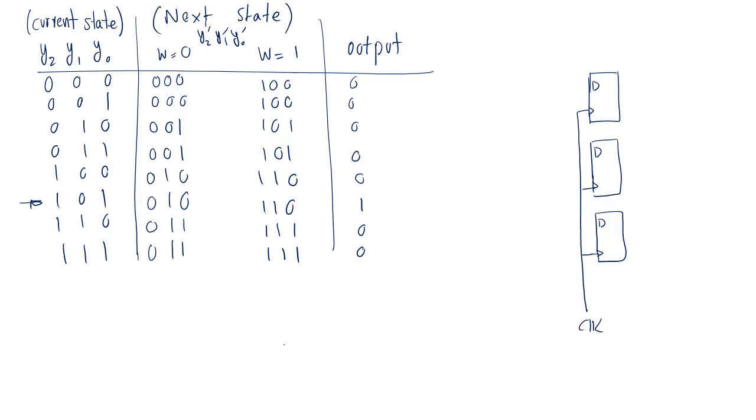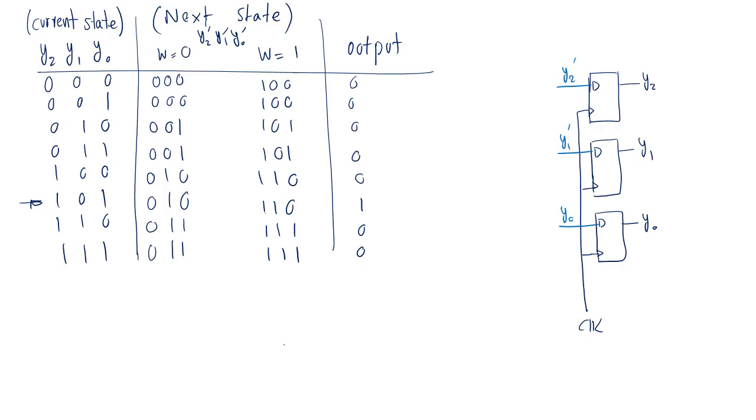Their outputs are going to be Y2, Y1, Y0. Now, the input to these flip-flops, shown in a different color, is Y2 prime, Y1 prime, and Y0 prime.